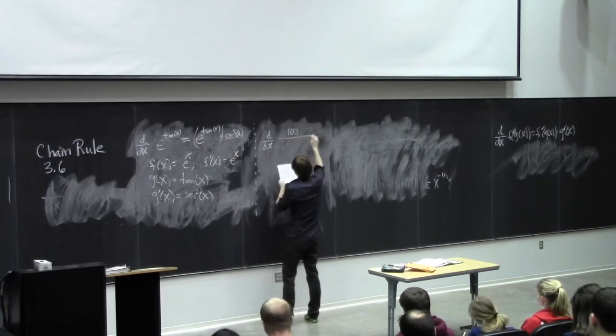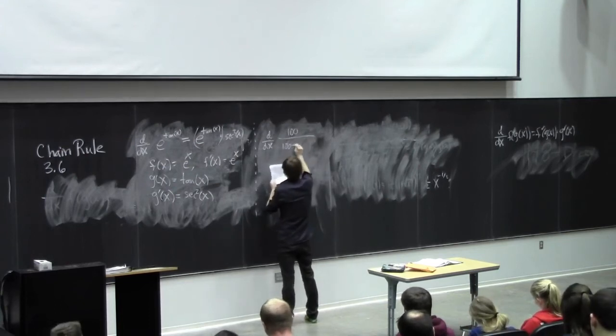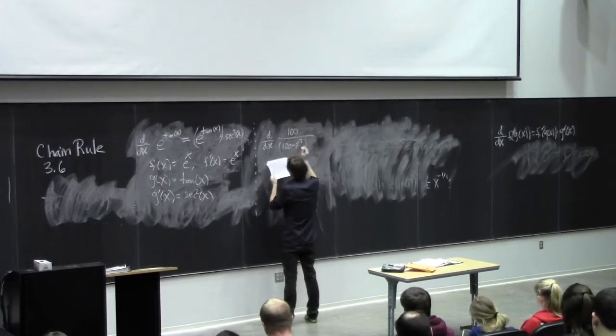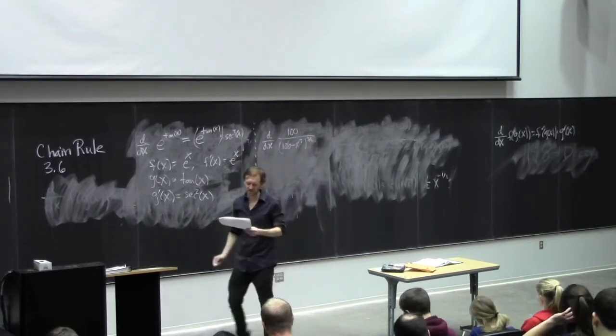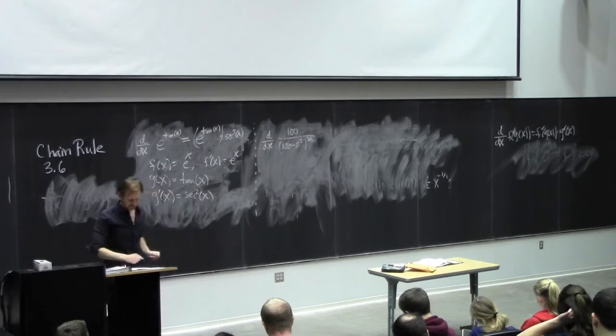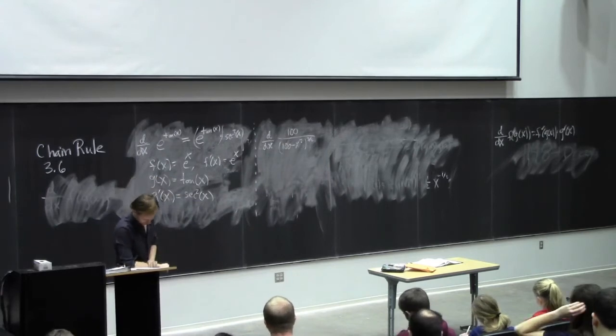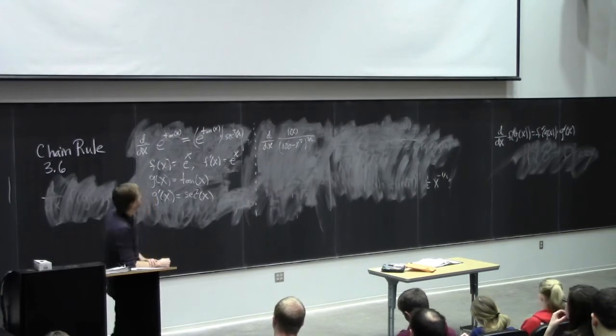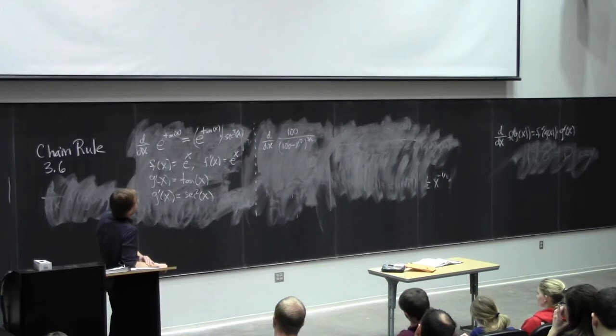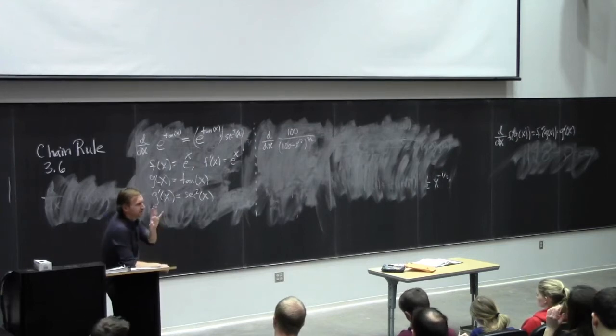100 over 100 minus x squared to the 3/2. We want to take the derivative of this with respect to x. Now, what rule are you tempted to use right off the bat?